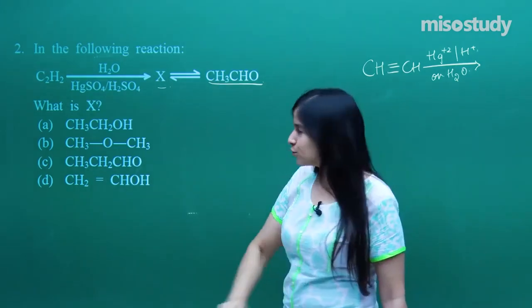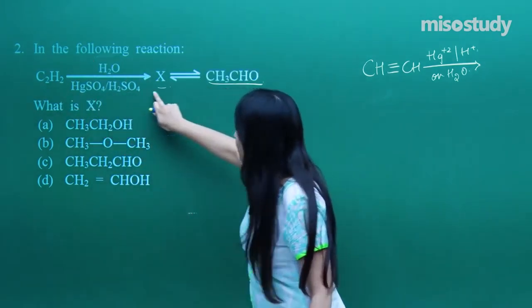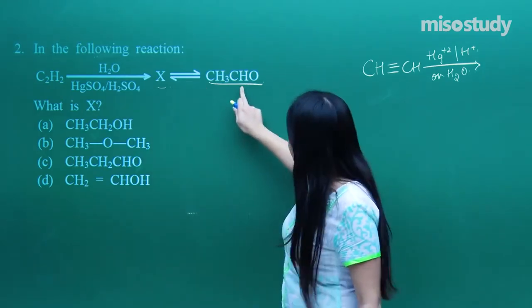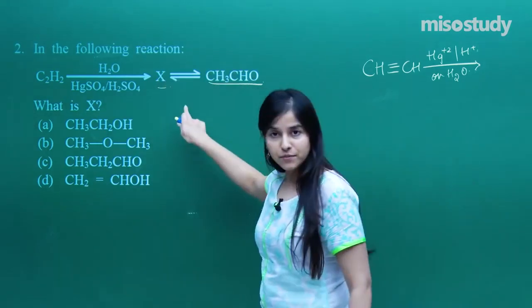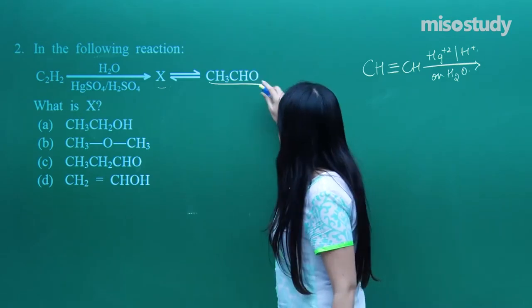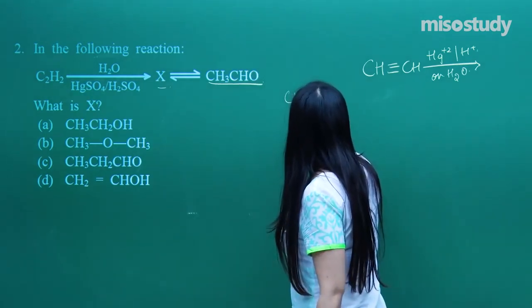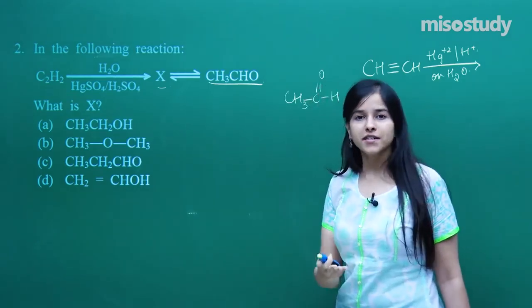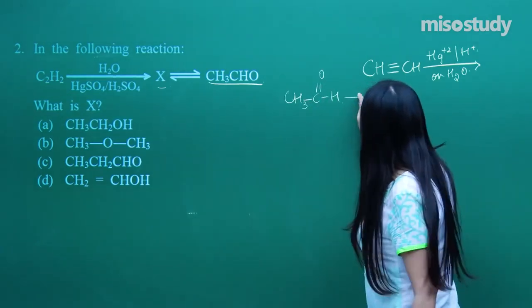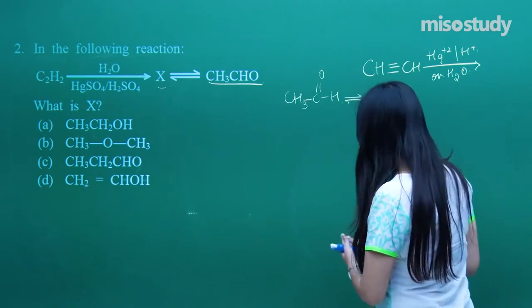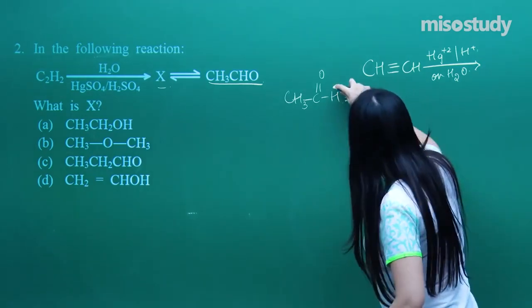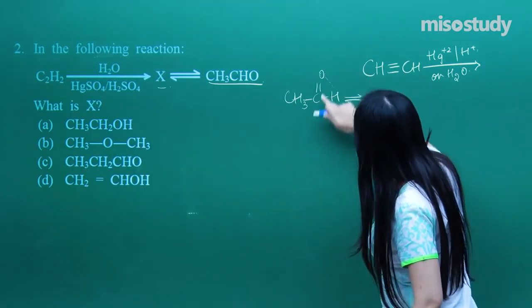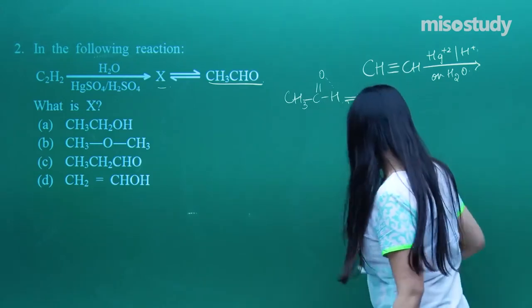So even if you do not know what will be the product for this reaction, you can easily find out from this very equilibrium. We always know that aldehyde exists in equilibrium with its what? Enol form. So it will be in equilibrium with its enol, which will be this hydrogen shifted onto here, and I get a double bond.